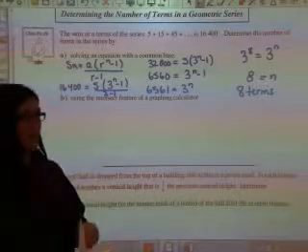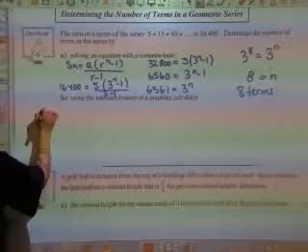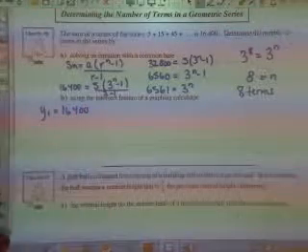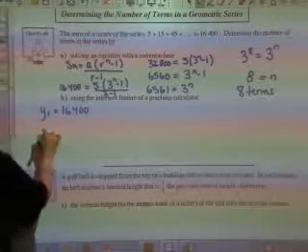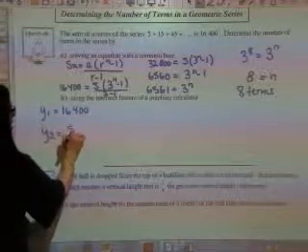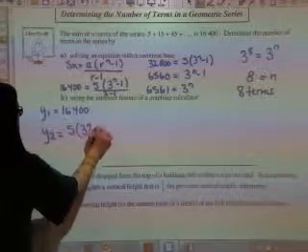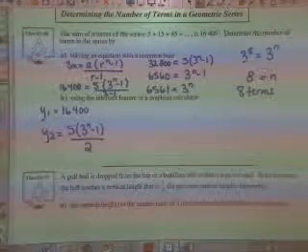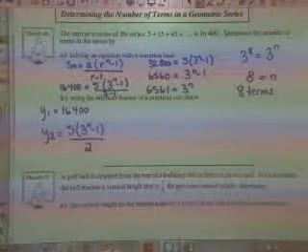If I was to use a graphing calculator, I could let y1 be equal to this 16,400, and then let y2 be equal to 5 times 3 to the power of n minus 1 over 2. That's the 3 minus 1.